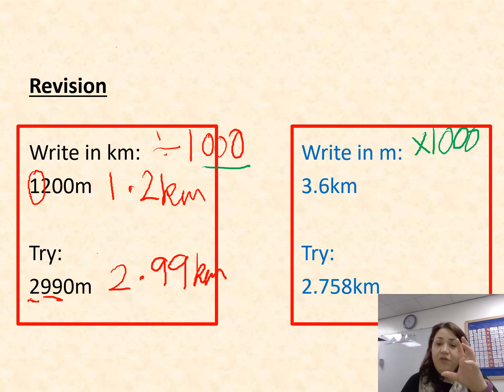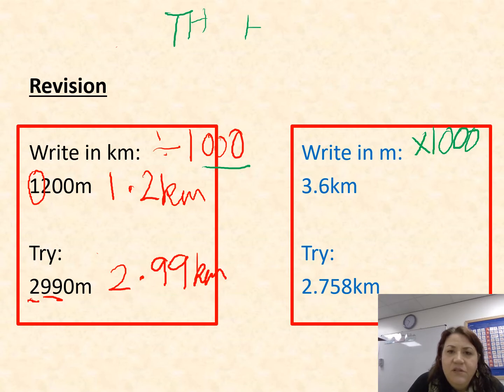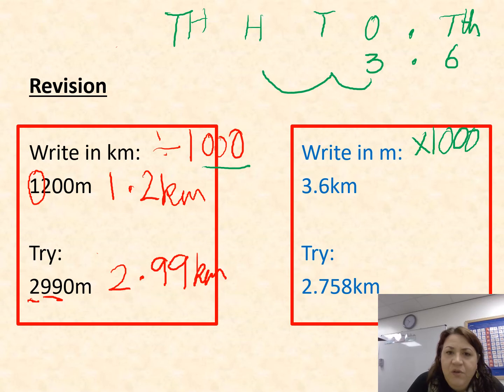So we're going to move them 3 places for those 3 zeros to the left. So 3.6, hundreds, tens, ones and tenths. 3.6 is going to move 1, 2, 3 places into the thousands.